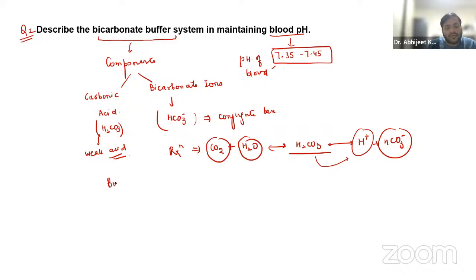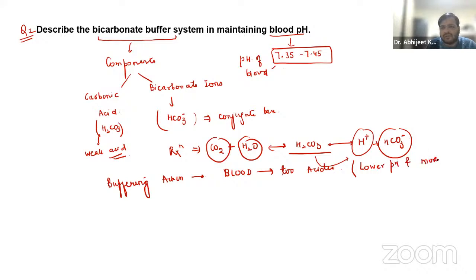If we talk about the buffering action, if the blood becomes too acidic, it means that we have a lower pH and more H plus.